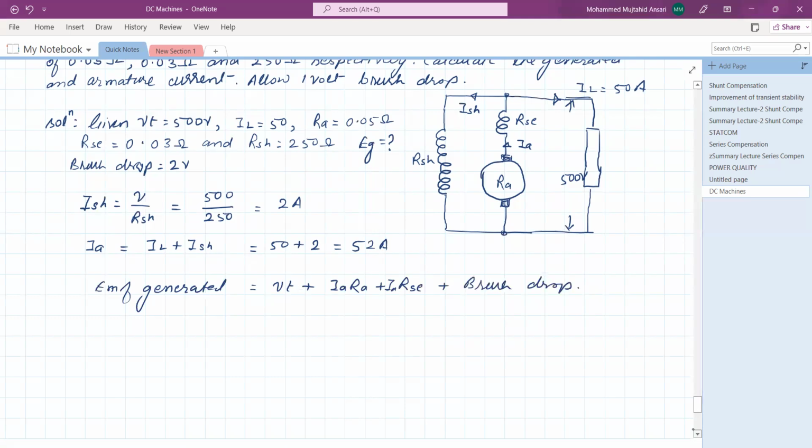Do not forget to calculate the brush drop. So here, since the current flowing through the series field winding and armature winding is the same, simply we can write IA into RA plus RSE, plus brush drop.